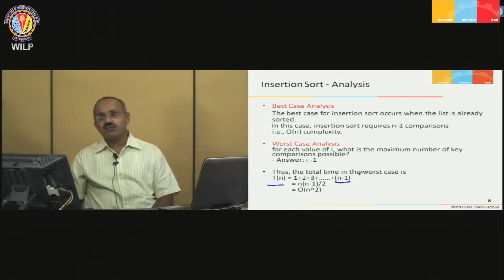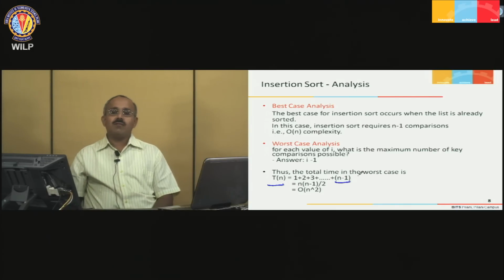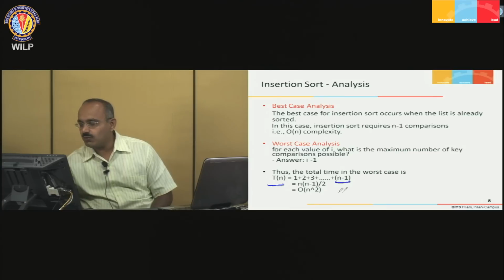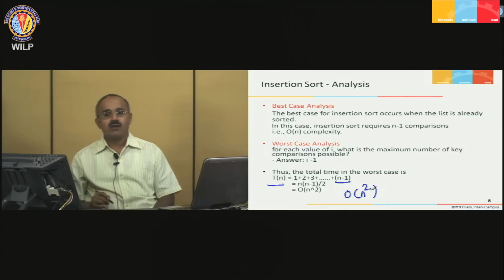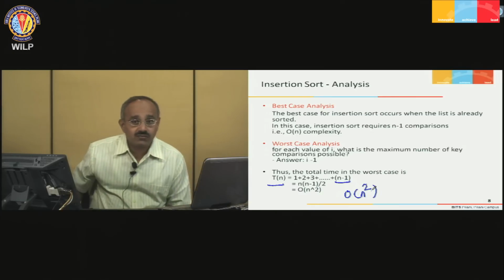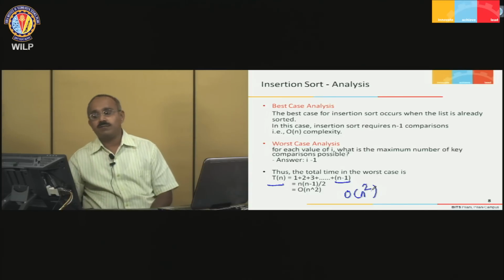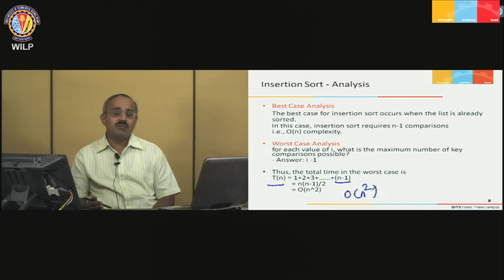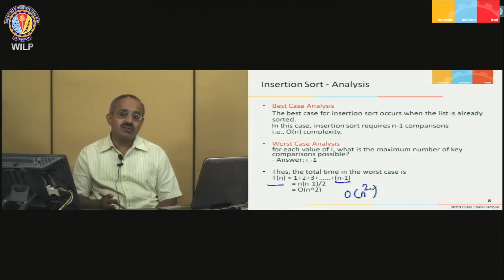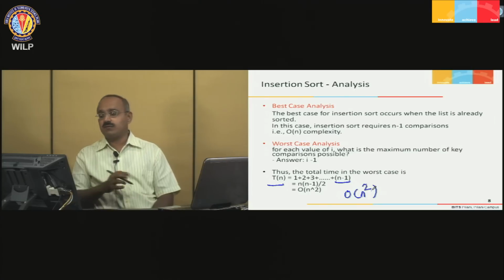So the sum of the first n minus 1 numbers is n into n minus 1 by 2, which is of order n squared. So you can see that the best case and worst case vary by a large amount. The best case is linear with respect to n, whereas the worst case is quadratic with respect to n.